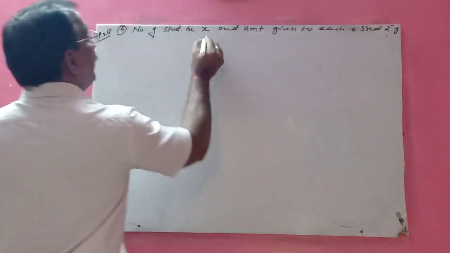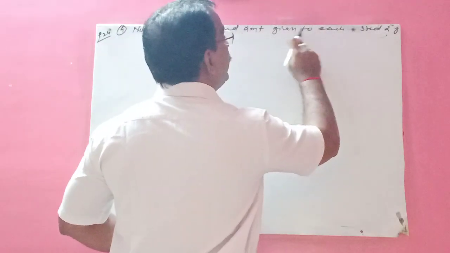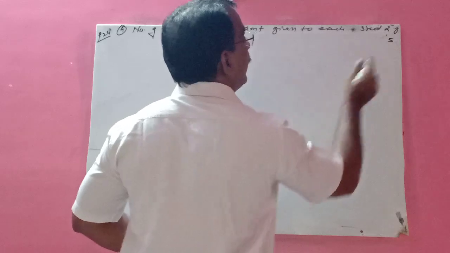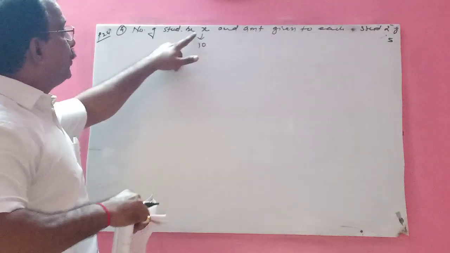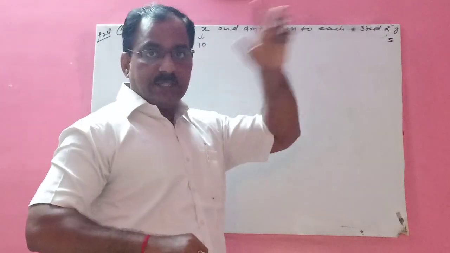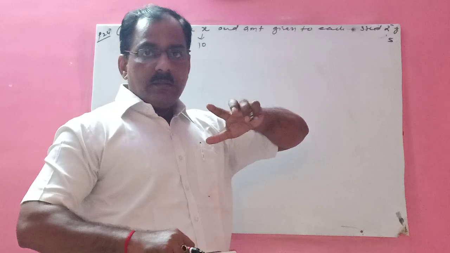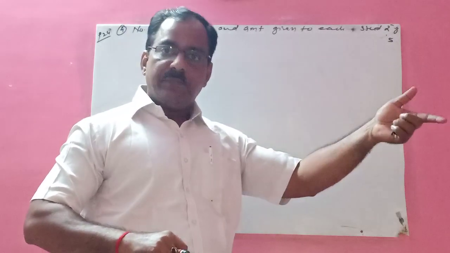₹y. If I say there are 10 students and each student gets 5 rupees, what will be the total amount, children? 10 into 5 becomes 50.